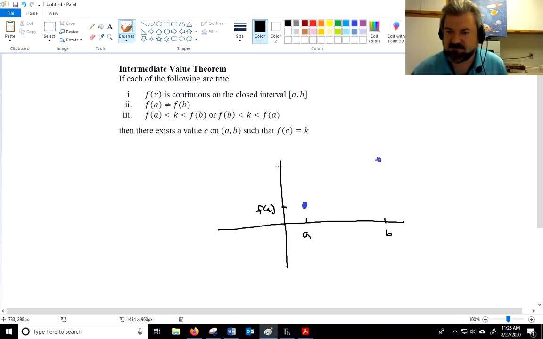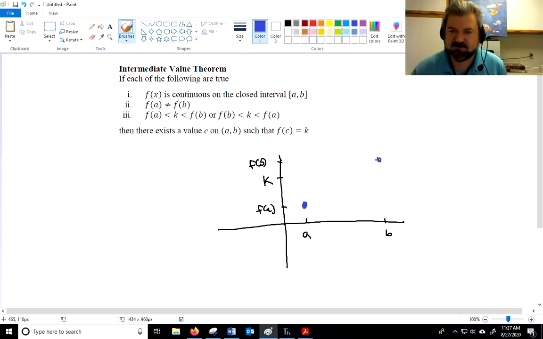And k is somewhere in between them, right? How about a little closer to f of b so it's not right in the middle, just for demonstration. So what we're saying, according to this theorem, is that there's got to be some place in here where the function is at k.